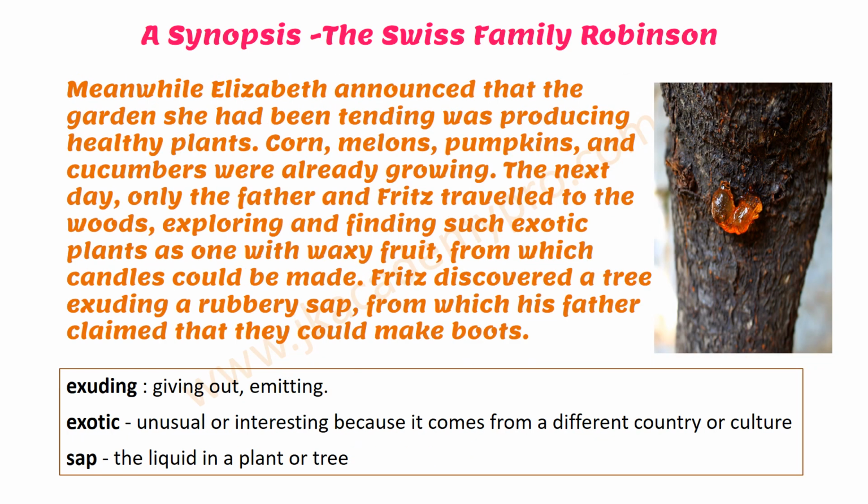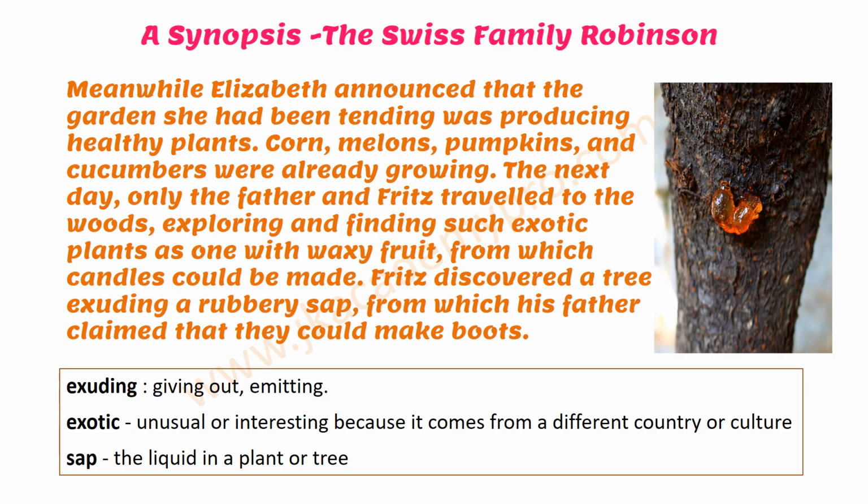Meanwhile, Elizabeth announced that the garden she had been tending was producing healthy plants. Now they had started living there for some time, and they had to grow crops, because they couldn't keep using everything from their ship. So she started planting vegetables and all that.